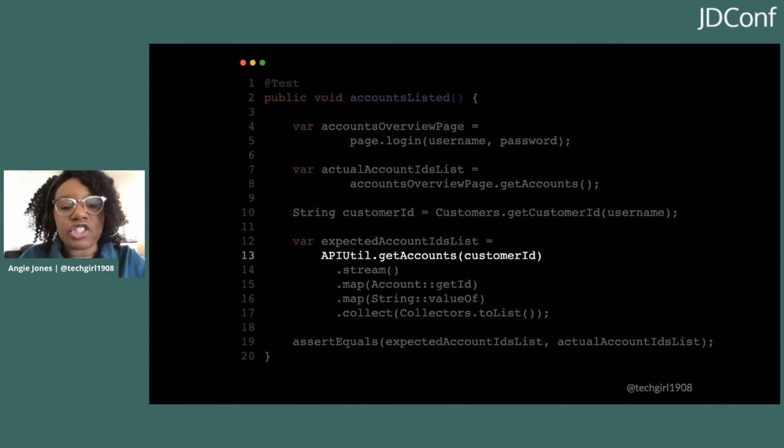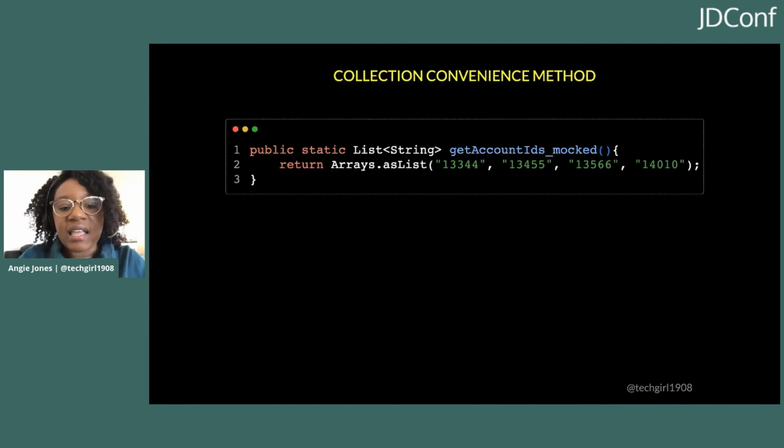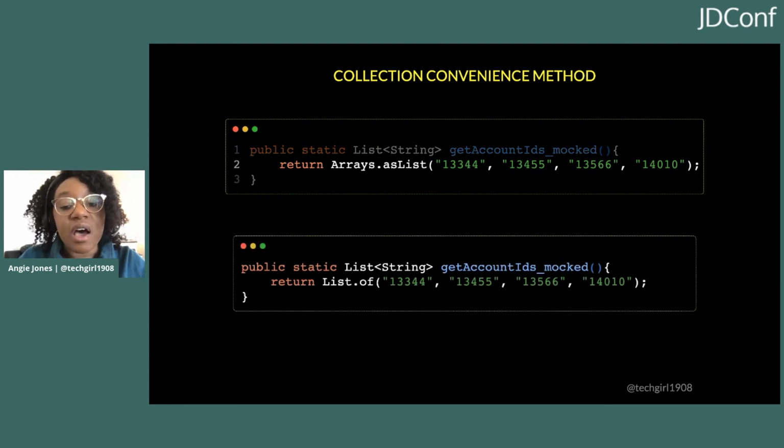One more thing I'm going to show you in that API class. Let's say we didn't want the entire response, but we wanted to just return a hard-coded list of expected account IDs. The old way of doing this would be to use the Arrays.asList method. However, in Java 9, this of method was introduced for all entities in the collection framework. So lists, maps, sets, all the jazz.